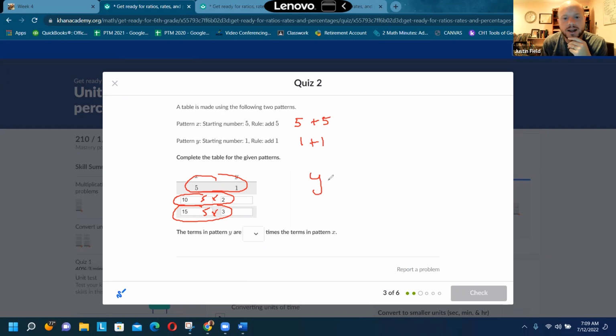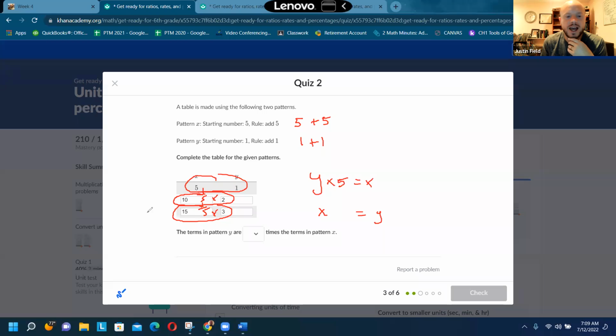So the y times 5 equals the x. But what if we start with the x? What do we have to multiply by to get to the y? Well, that would be the reciprocal.